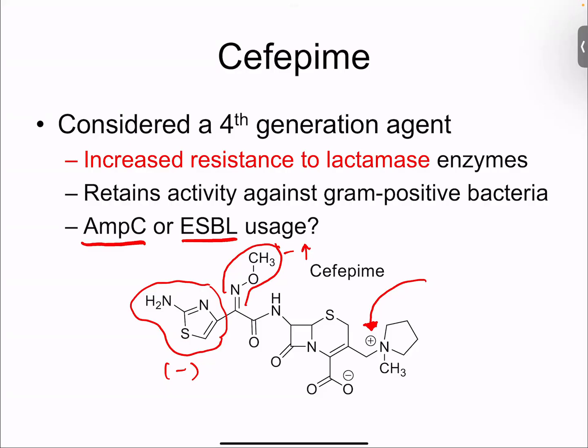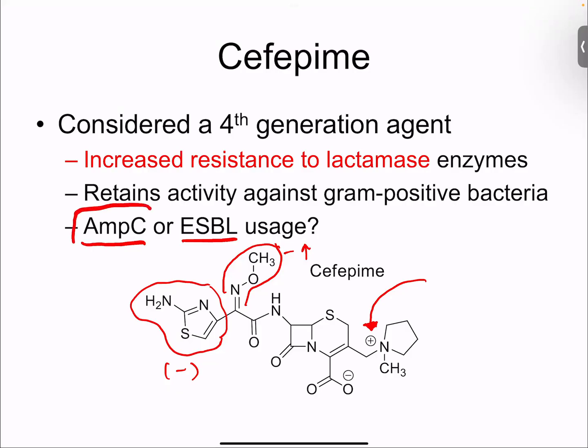Cefepime recently has been kind of poo-pooed now as well for ESBL producers. It's not really the most reliable agent to use for an ESBL producing organism, regardless of the dose. So I think it's largely discouraged to consider cefepime for ESBL producing infections. We really need to stick to a carbapenem because we haven't come up with a better alternative.